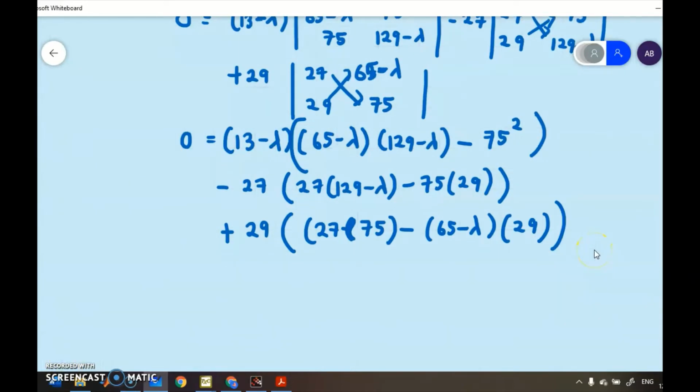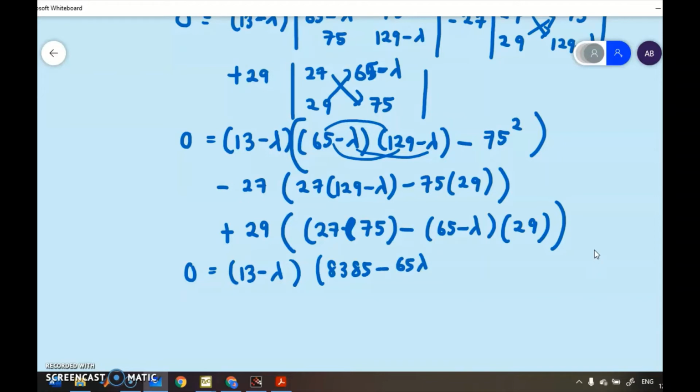So now we expand this. We have 13 minus lambda, not 7. 13 minus lambda, and then you expand this times this, this times this, and so on. We have 8385 minus 65 lambda plus 129 lambda, and then plus lambda squared minus 75 squared, which is 5625.